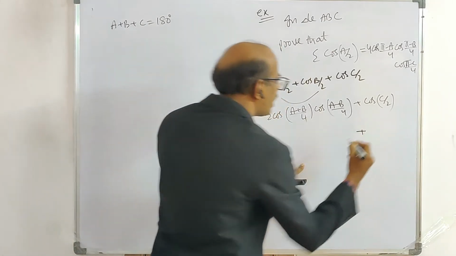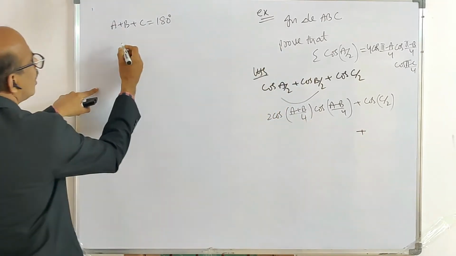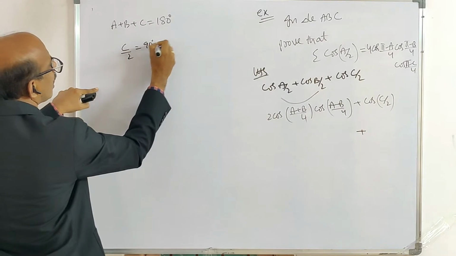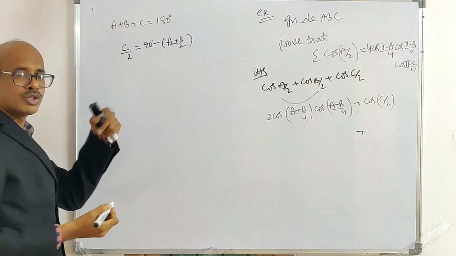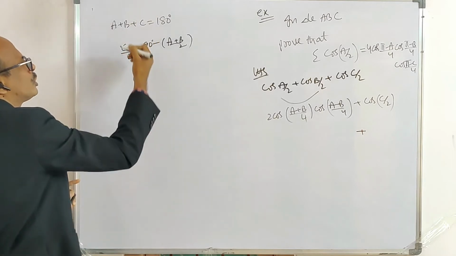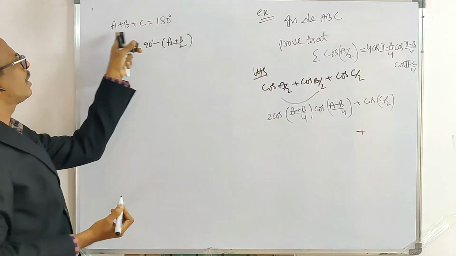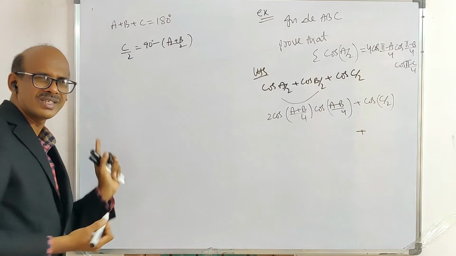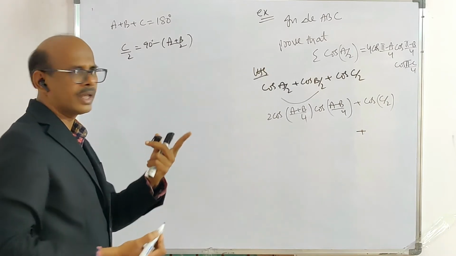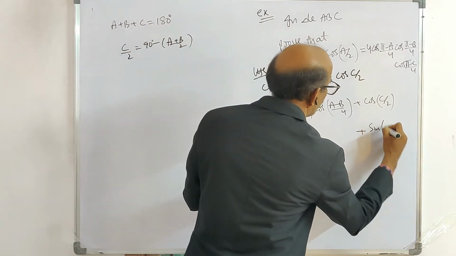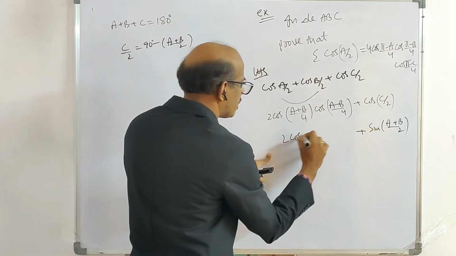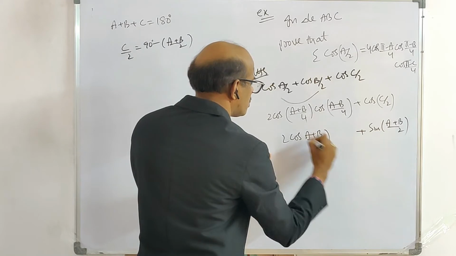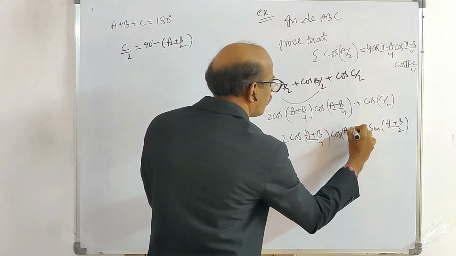Here my intention is cos c by 2. If I rearrange like this, I think you got my point. Divide by 2, 180 becomes 90 and it will be like this. So if I apply to cos c by 2, cos of (90 minus theta) is sine, so no doubt it will be sine of (a plus b) by 2, a complementary relation. Okay. Up to this step, nothing difficult.